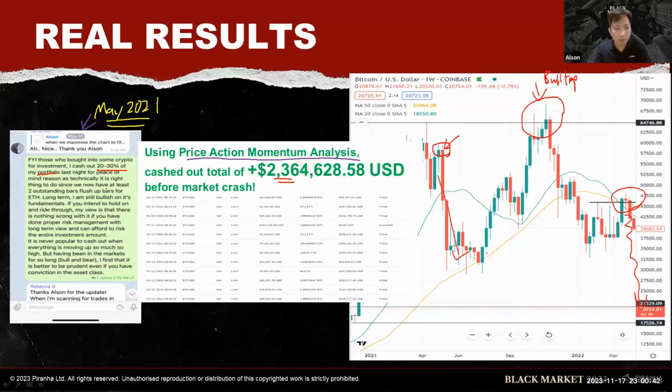I told my students that we now have at least 2 outstanding flush up bars for Ethereum, for example, right? During a time, right? This is based on technicals. And I shared this before the thing crashed. I shared it with my students in the Spy Trader, the price action manipulation community, right?